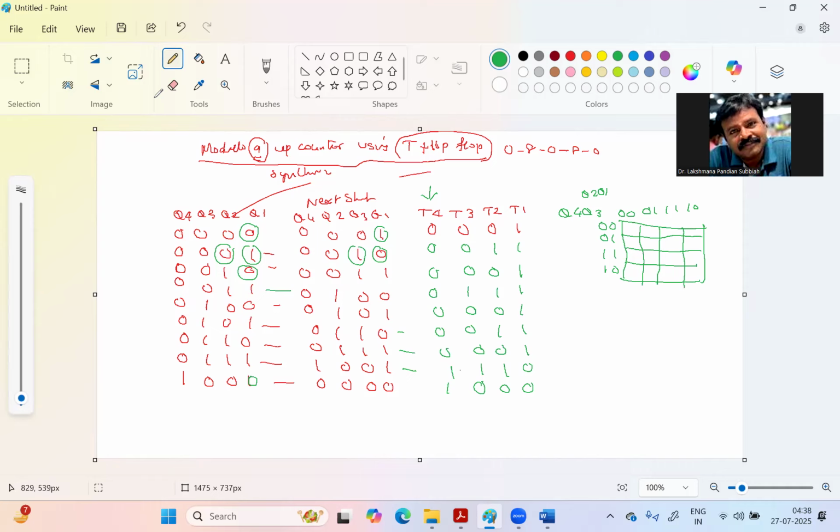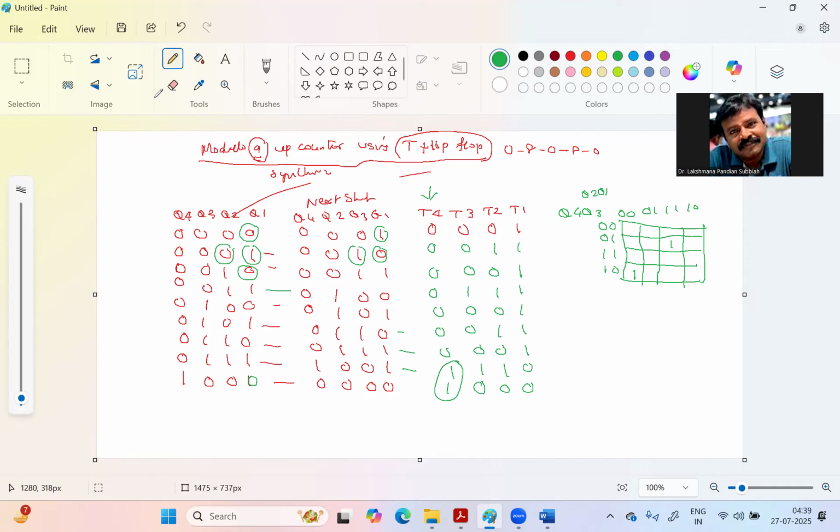Here we have 7 and 8 as 1, right? All others are 0. So this is 7, and 7 and 8 are 1, right?